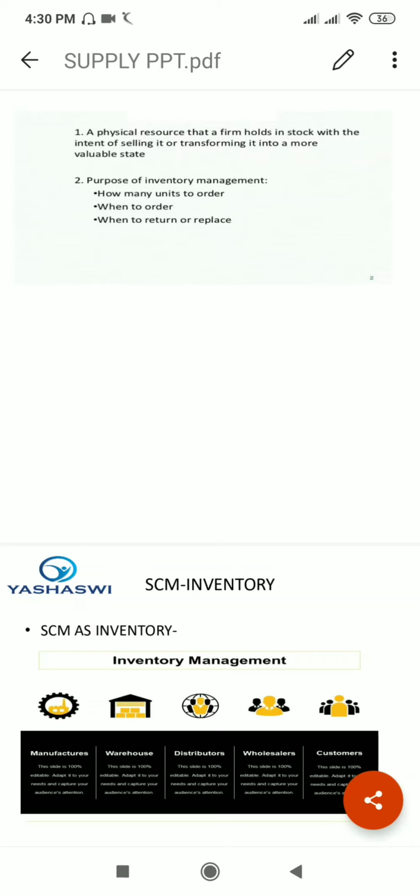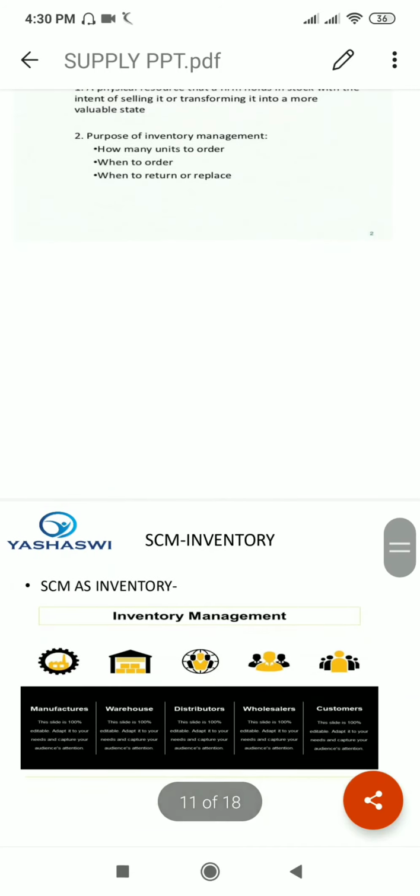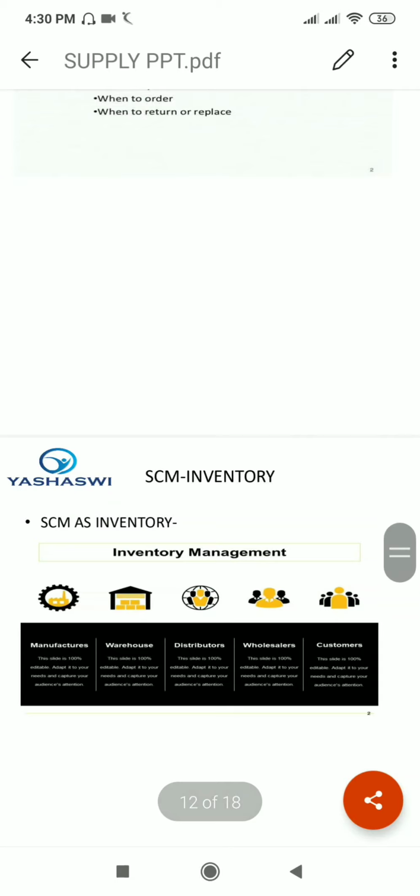What is just in time, or JIT? It is a technique in which the shortage of material is reduced. What is ABC analysis? It is a classification of material by its consumption value. Now what is FSN? It is fast moving, slow moving or non moving components.